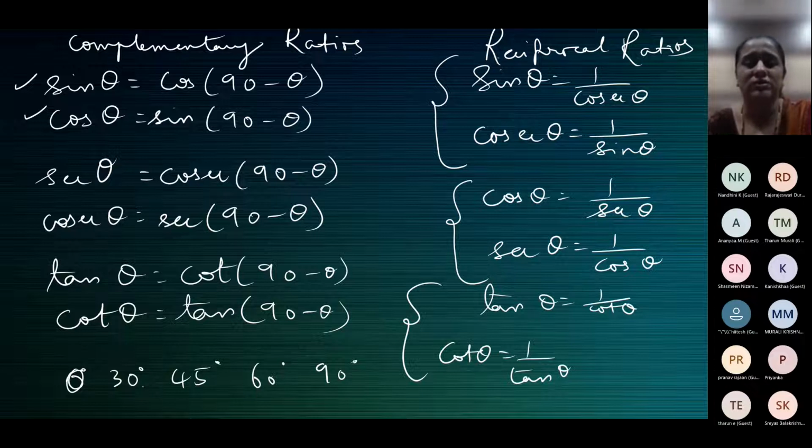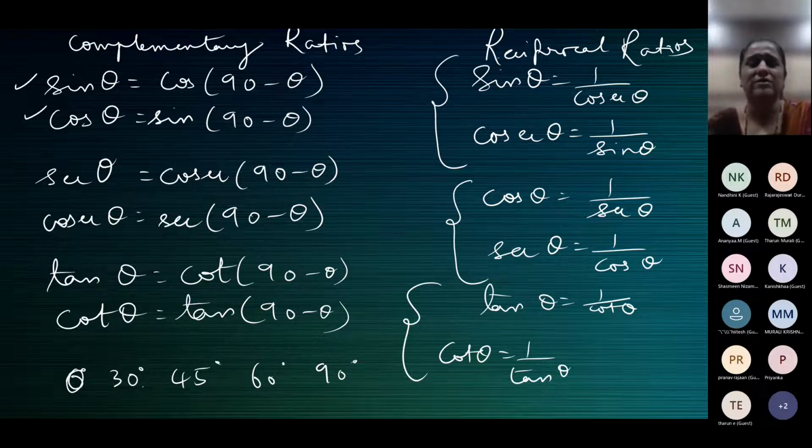Sine square theta plus cos square theta is 1 and so on. And then there's one part of the chapter where you have to solve using complementary ratios. Another part where we use reciprocal ratios. And then one part where we use the values from the table.